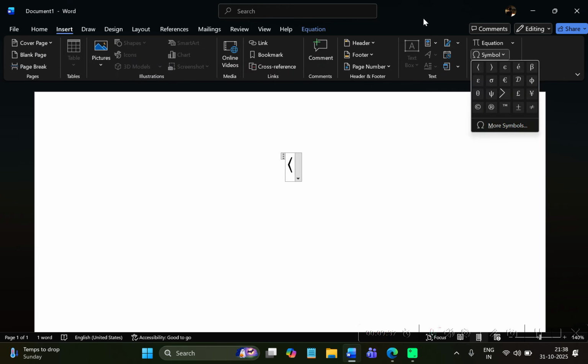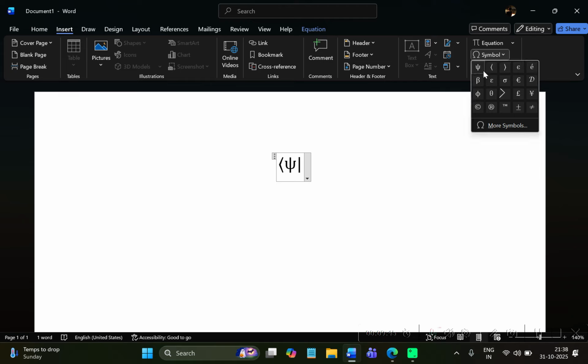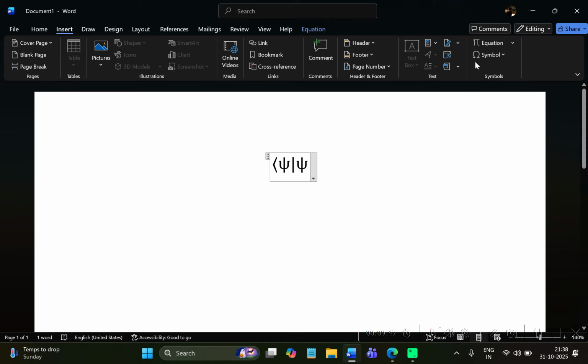Symbol is just under the insert tab, below equation. Let's say you have psi f, which is psi final, and psi i, which is psi initial, and then you want to close this symbol.